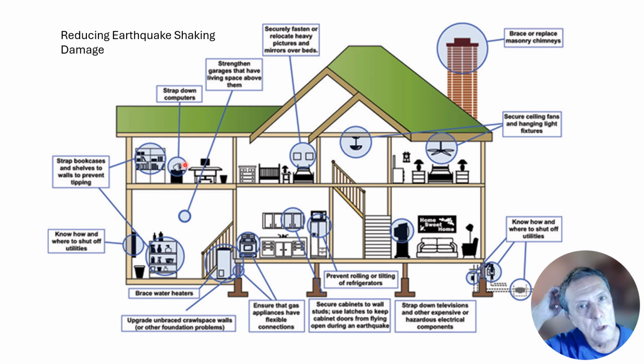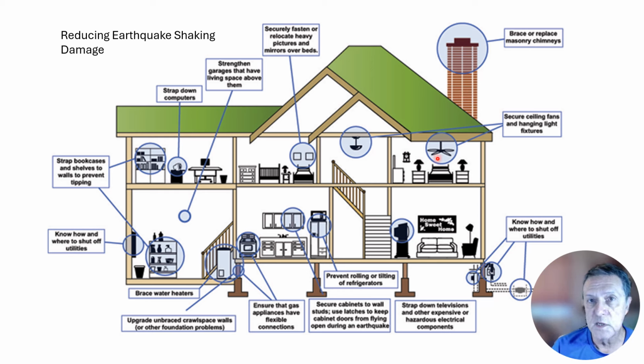Now here's a general cartoon of what you might be able to do to help your house withstand earthquake shaking. This goes into the realm of engineering geology, seismicity, and construction. So look at the chimney here. You might want to brace or replace your masonry chimney. You might want to reinforce it.